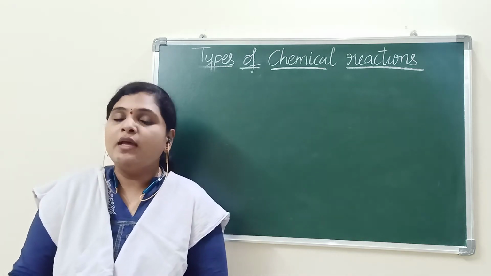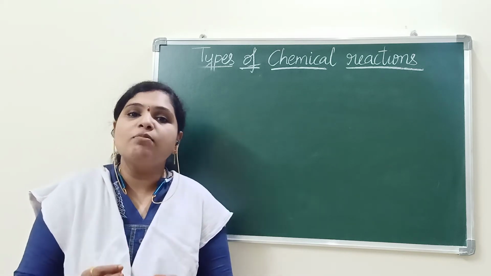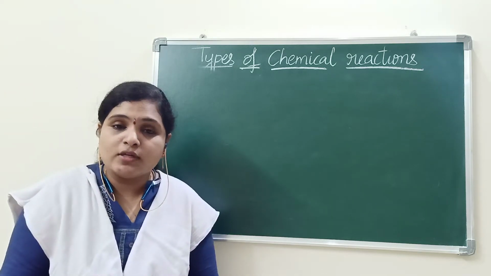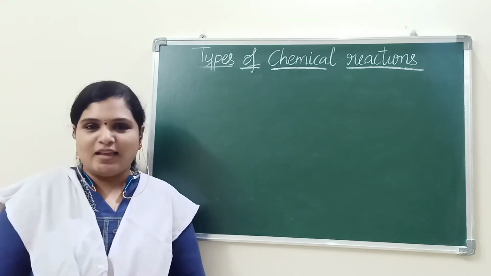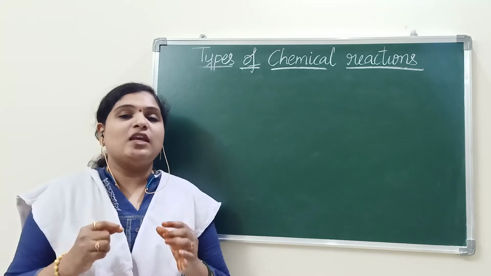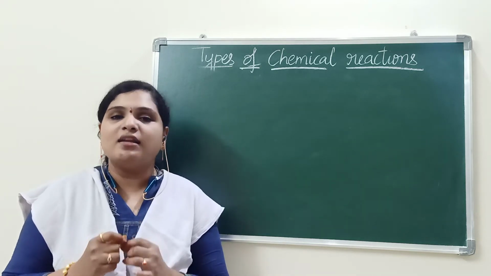They form because of breaking of bonds and then making of new bonds. That is nothing but a chemical reaction. So, in today's class, we are going to see what are the types of chemical reactions.